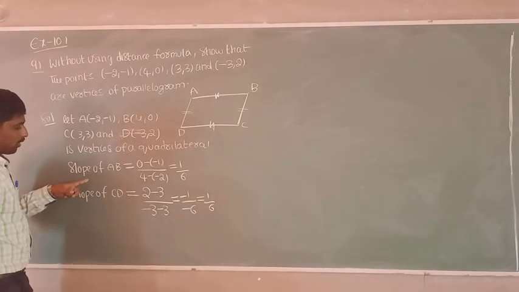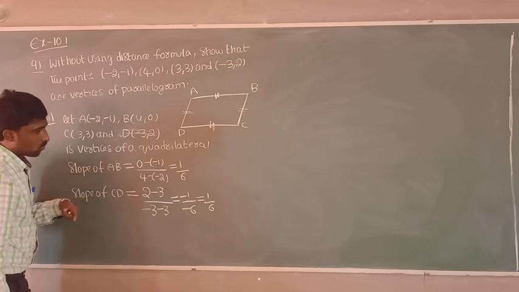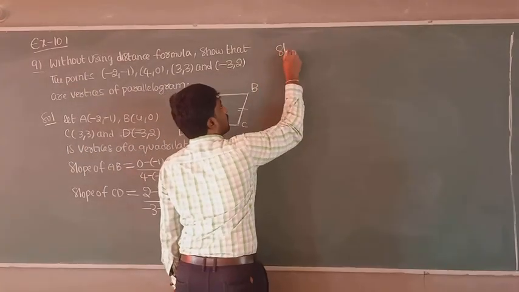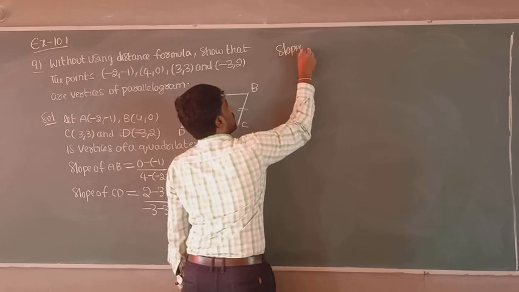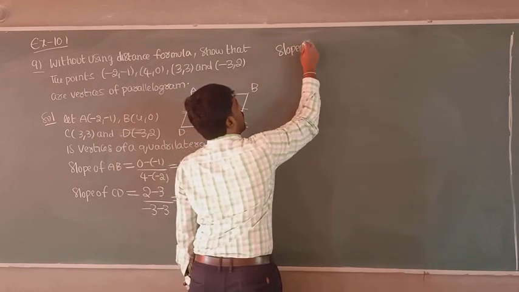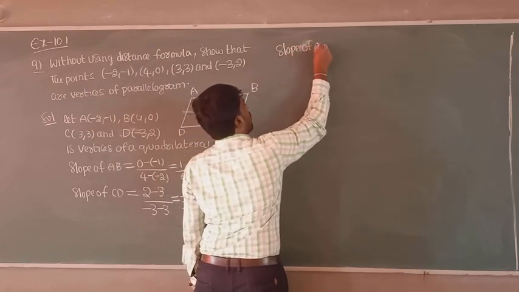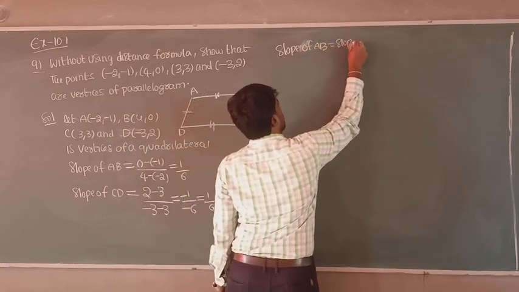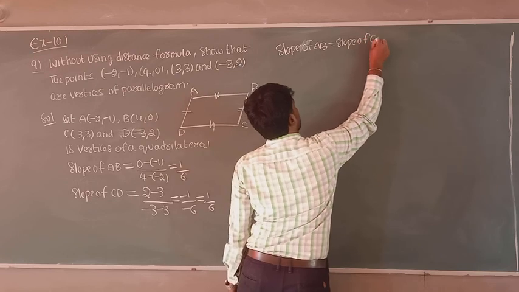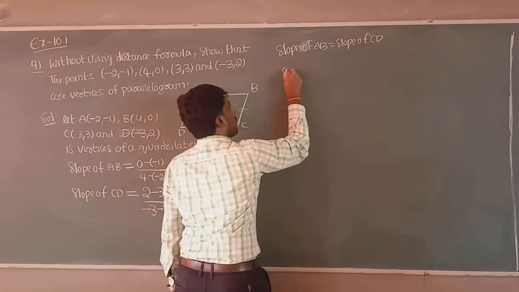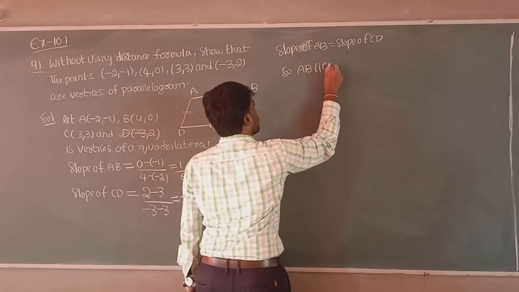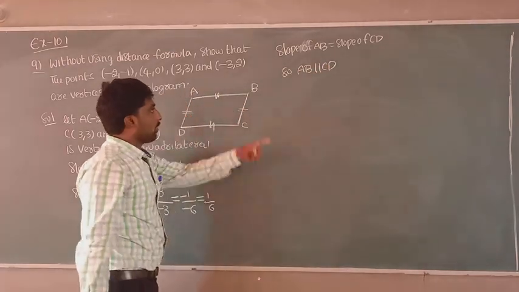Now you write it here: slope of AB equals slope of CD. So the AB line is parallel to CD. Is it clear, everyone?